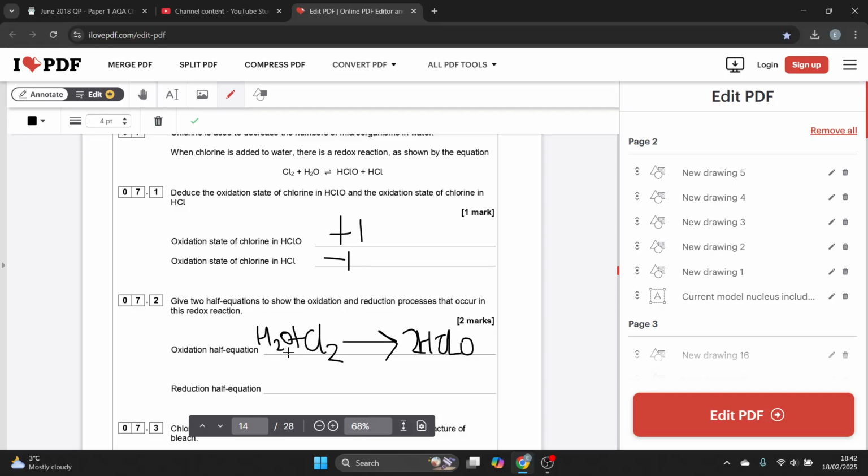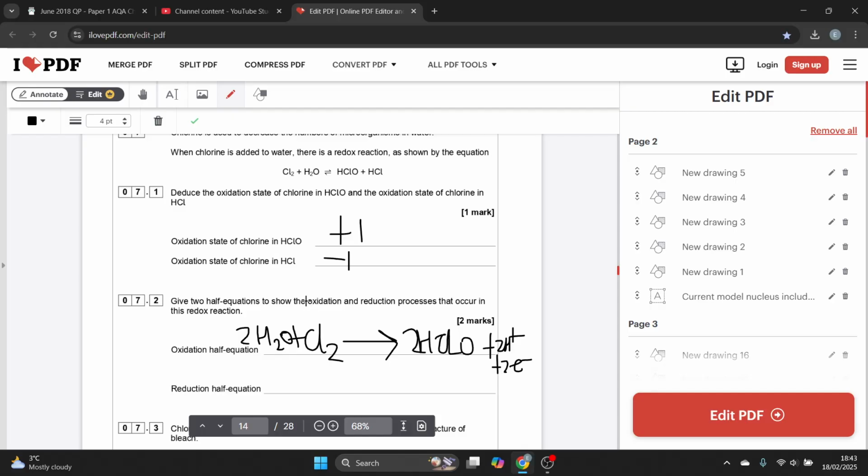No, it's not, is it? No, I need 2 H2Os. Then I've got 2 oxygens. I've got 2 H2Os, and I need to add 2 H pluses here, and then therefore 2 e minus here. Cl2 plus 2 H2O gives 2 HClO plus 2 H plus plus 2 e minus.